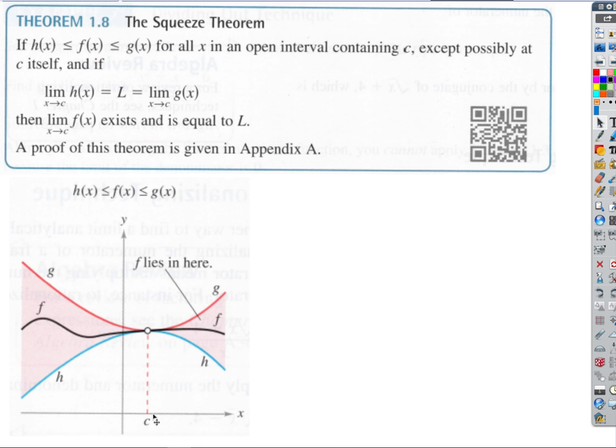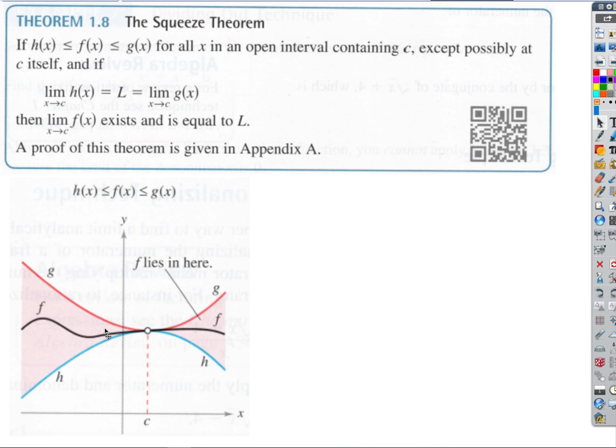That g of x is the ceiling function, h of x is the floor function, and f of x is pinched in between, right? And they could graze each other as long as f of x is less than or equal to g of x and greater than or equal to h of x. I mean, it could come up here and graze that thing, but as long as it doesn't ever get greater than g of x or less than h of x, it's contained inside that sandwich. Sometimes this is called the sandwich theorem, squeeze theorem or sandwich theorem.